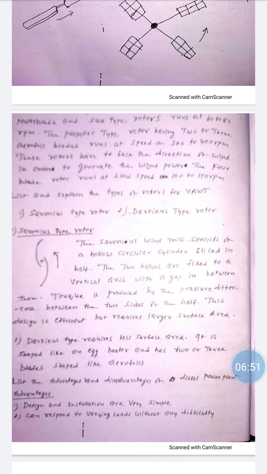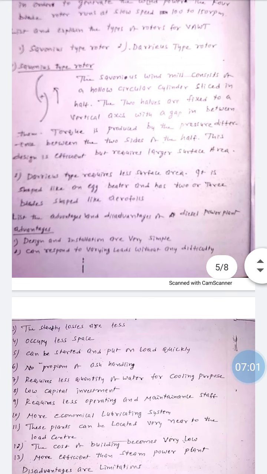List the advantages and disadvantages of diesel power plant. Design and installation are very simple. It can respond to varying loads without any difficulty.